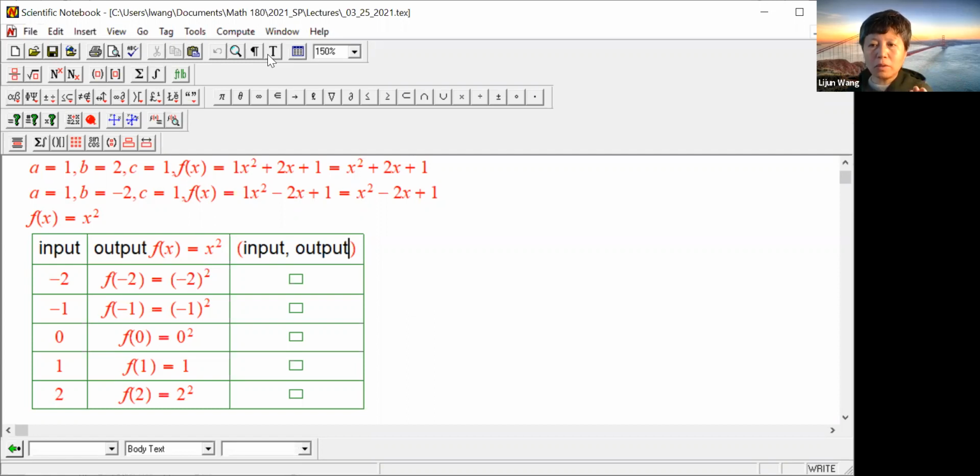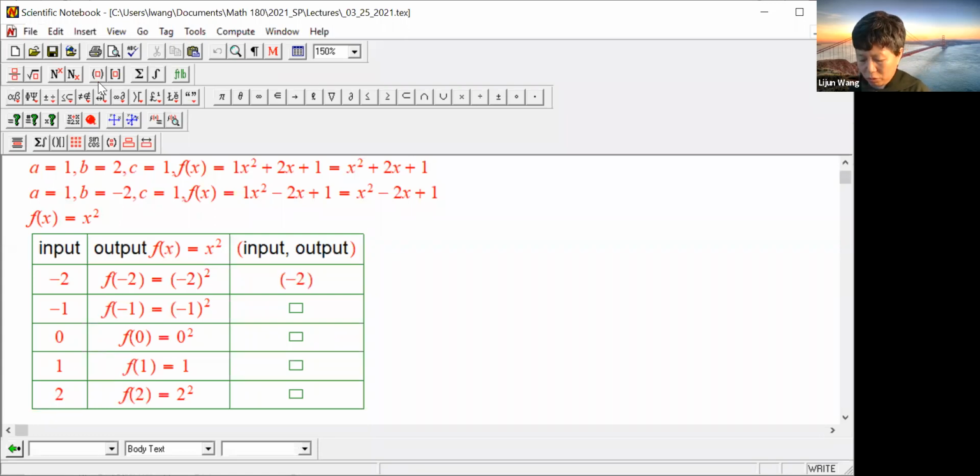And as a consequence, because the rules are different, we say the functions are different, then we get different graphs, and we have different domains, and we have different ranges, right? So the rule is the most important part for us to understand. By setting up the rule, we will have the domain set up, range set up, and the picture set up.